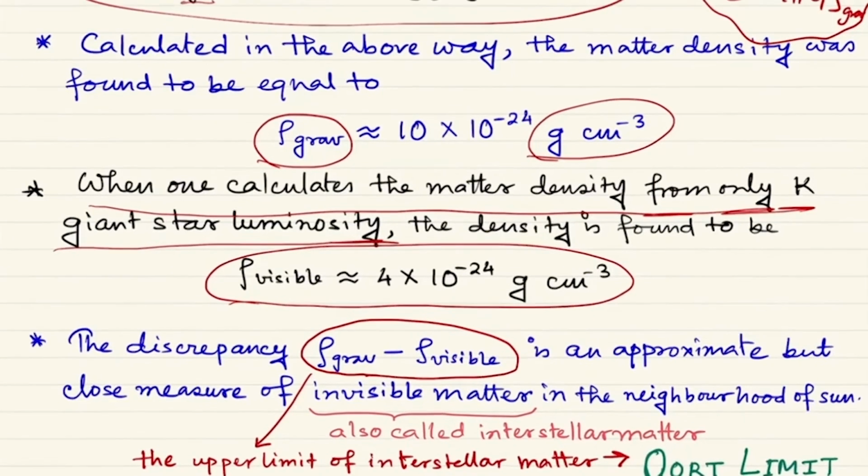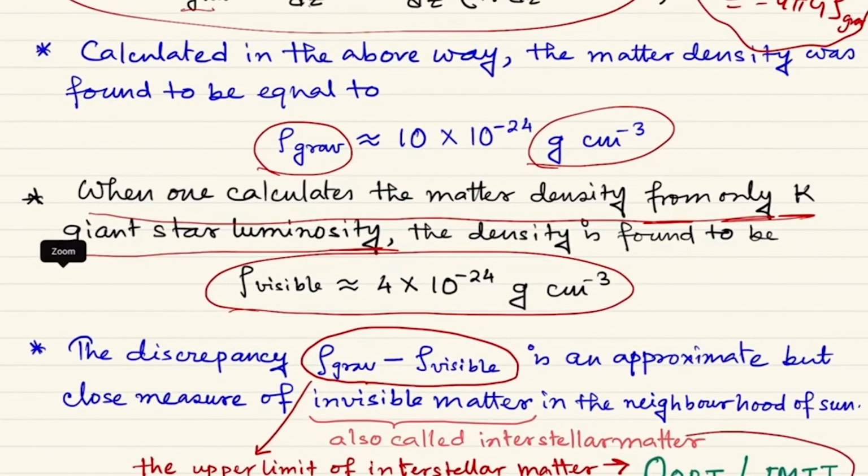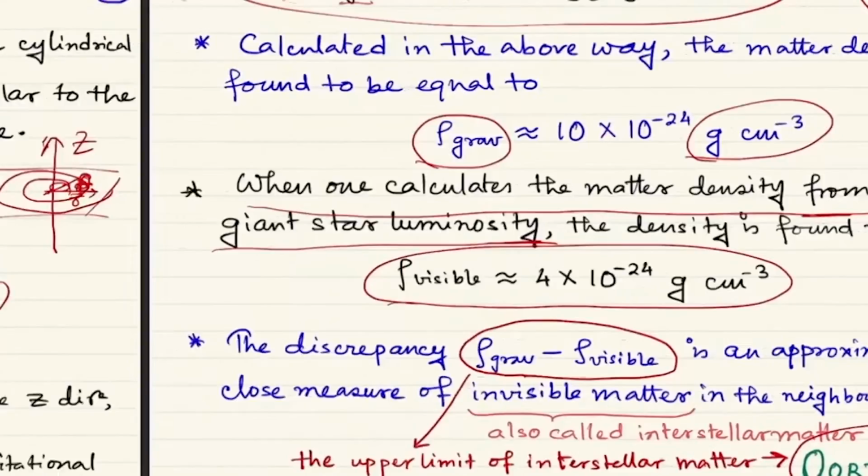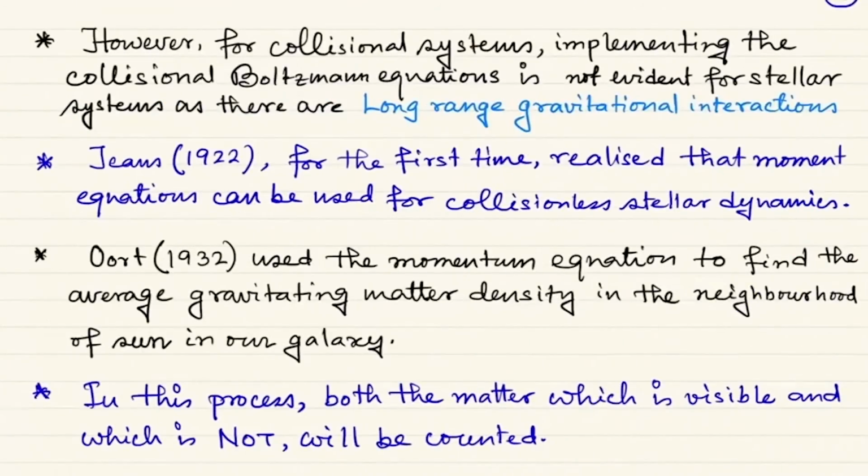So in the year 1932, to be very honest, formal astrophysics was not that developed. Well, it was developed somehow, but not that much.